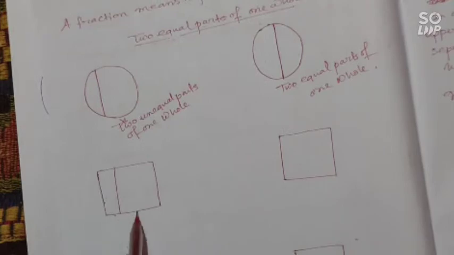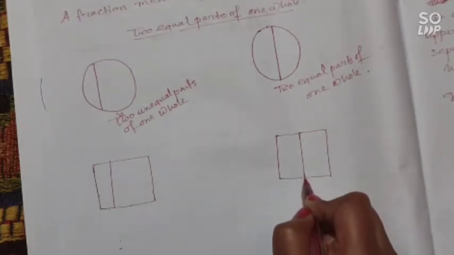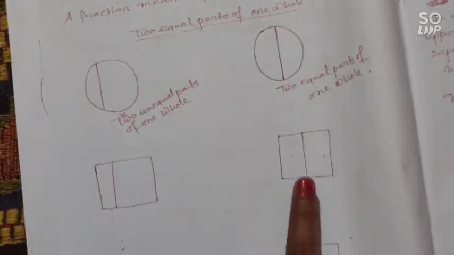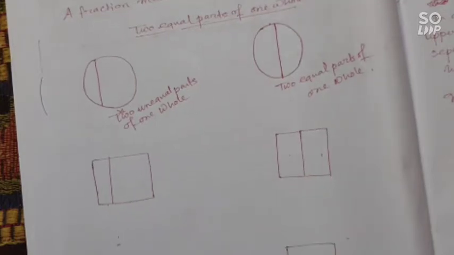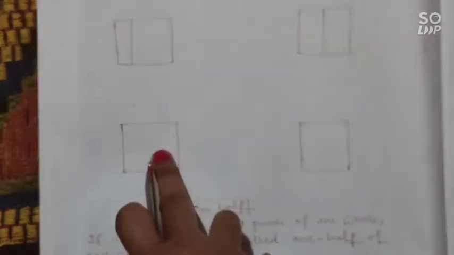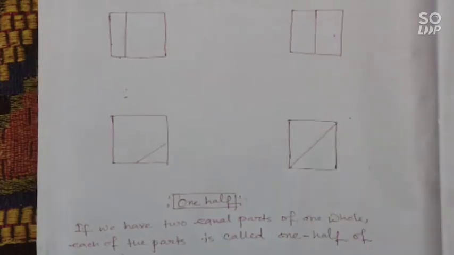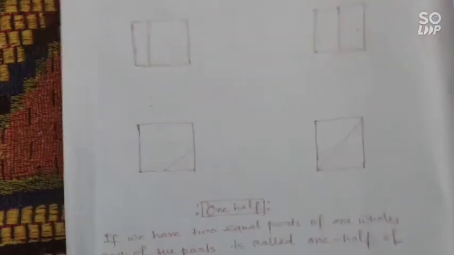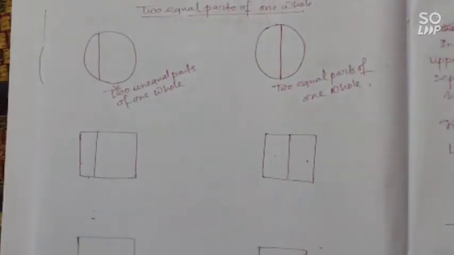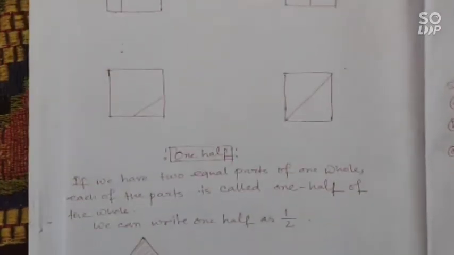That means two unequal parts of one whole. But here I have divided this object into two equal parts. So this is two equal parts of one whole. This is two unequal parts of one whole, and this is two equal parts of one whole. Okay, so what is called 1/2?